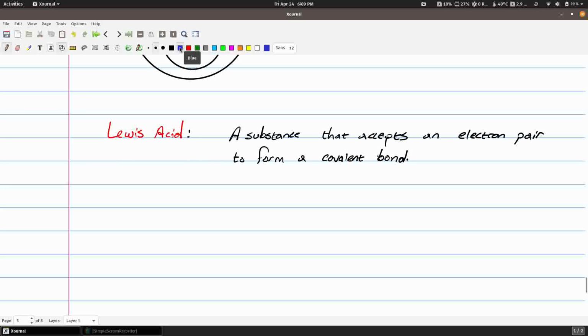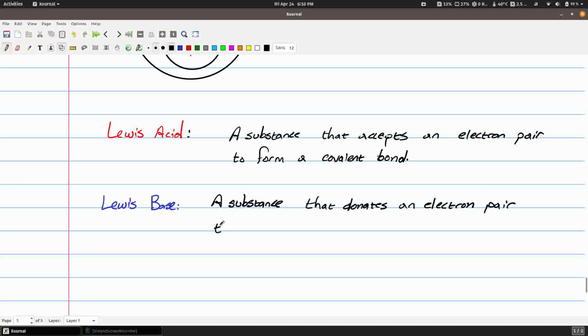And then a Lewis base is a substance that donates an electron pair to form a covalent bond.